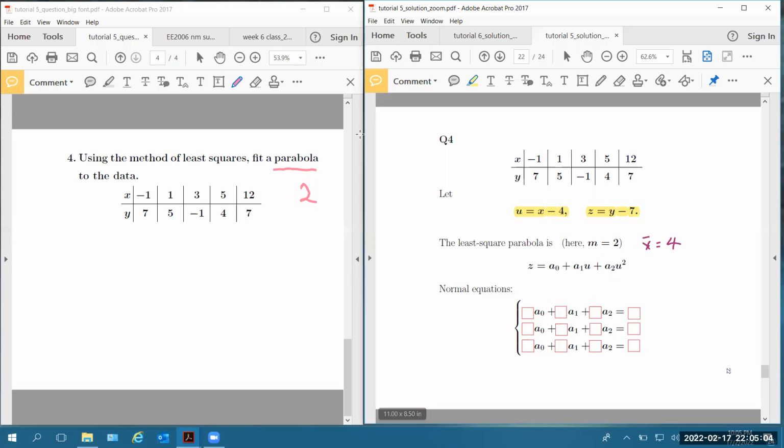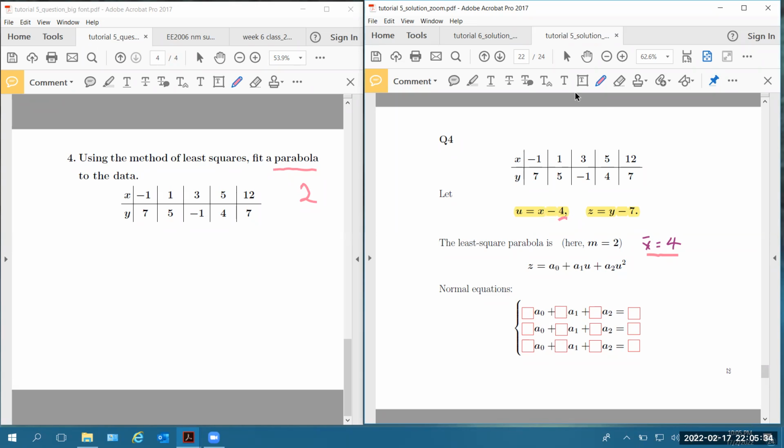After this, I need to explain to you why I put x minus 4. First of all, what is this number 4? It's actually the mean of x. You see all this x: minus 1, 1, 3, 5, 12. The mean is 4. I put x minus the mean, and you still remember x bar is the mean.